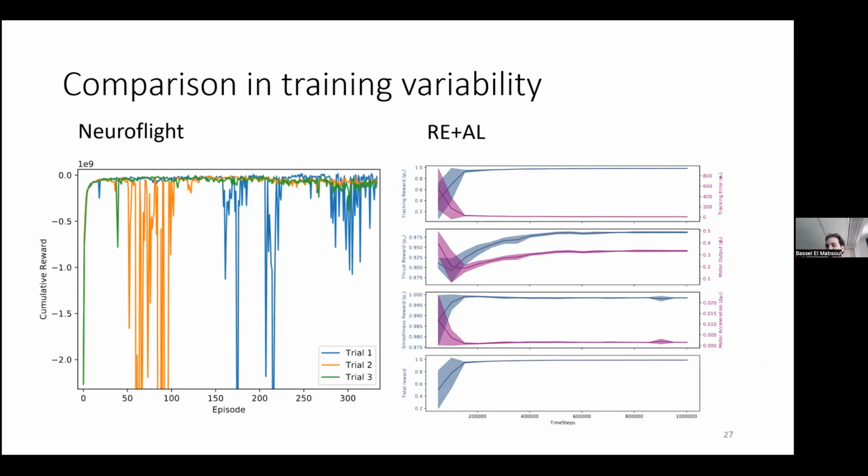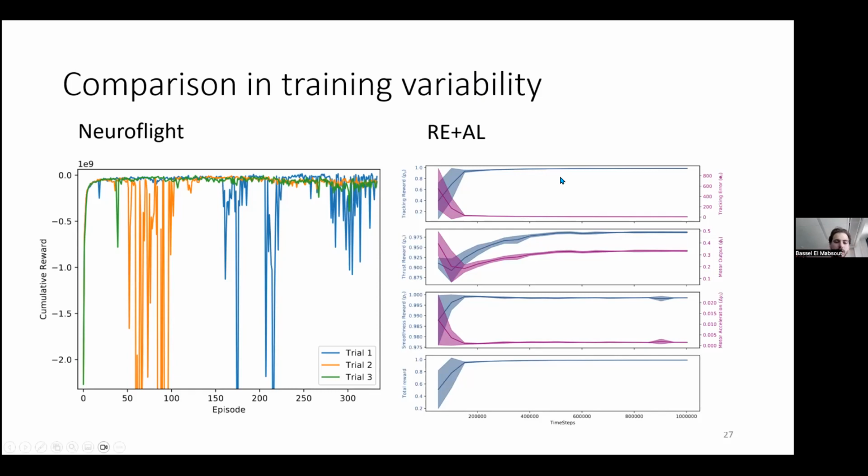The first time I tried running the RE plus AL technique on the drone, I started training, went into the shower, and came out, and I was looking at the numbers and wasn't believing what I was seeing, because the work with Neuroflight took 16 hours before sometimes producing controllers that achieve the behavior that we want, while the RE plus AL method was able to get policies learned to achieve the behavior that we want in 20 minutes. And it was extremely reproducible.